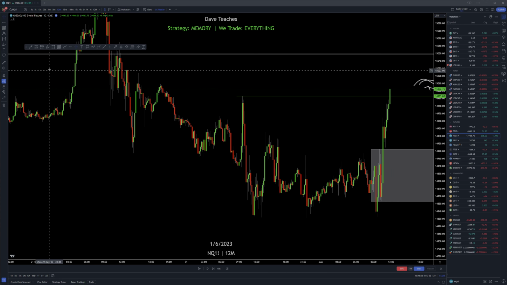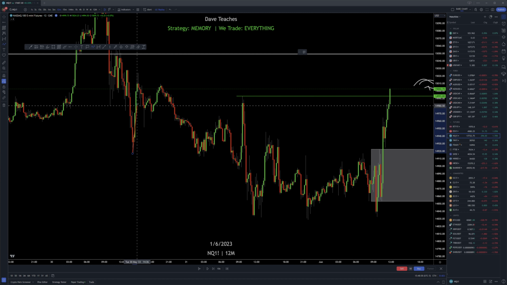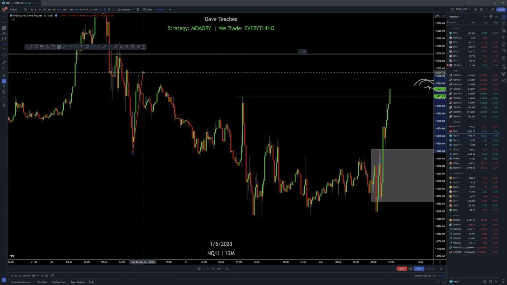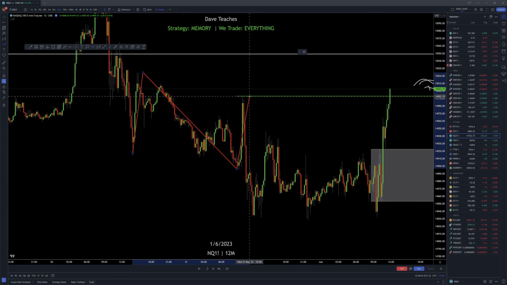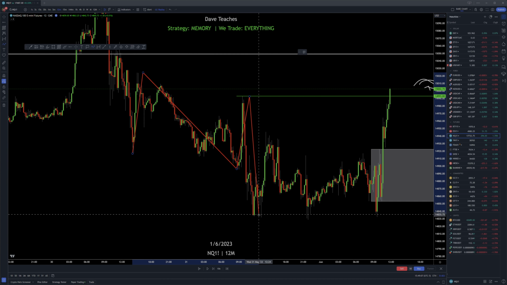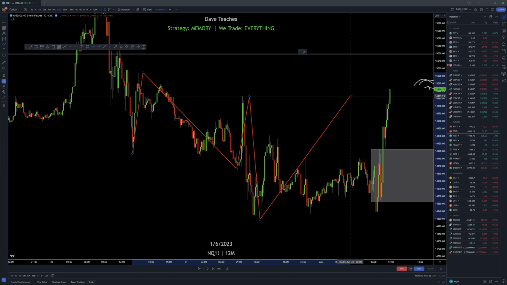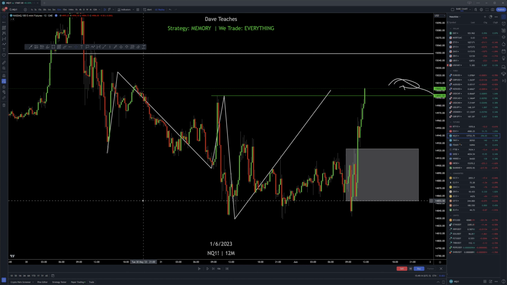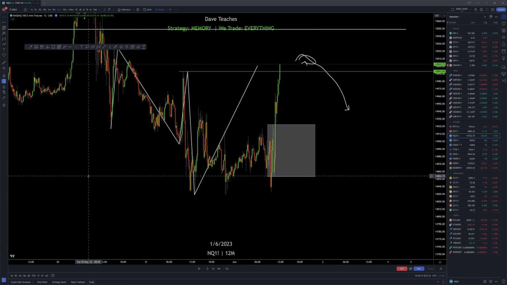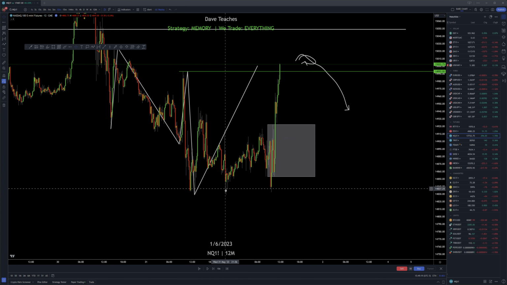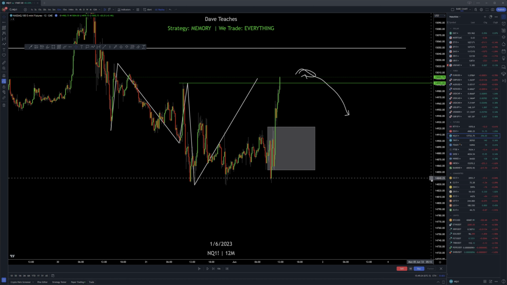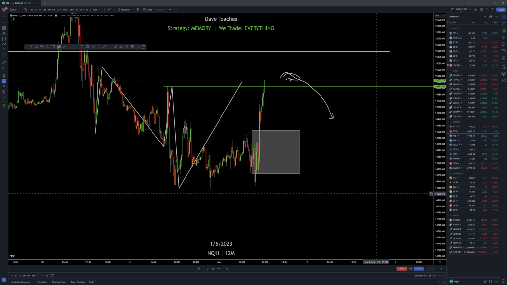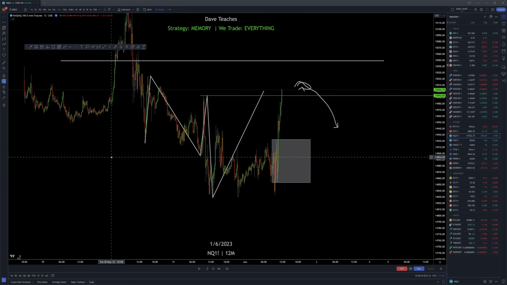Look at this, guys. If we are trading up above here, down into here, then back up above here, then down into there, and then we just traded up above there. High not confirmed yet.